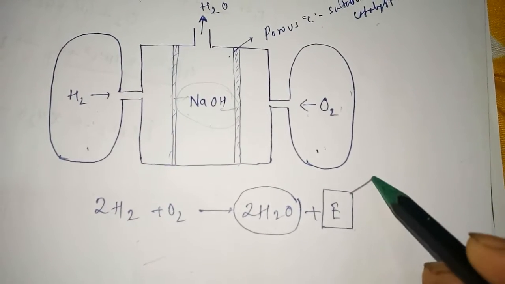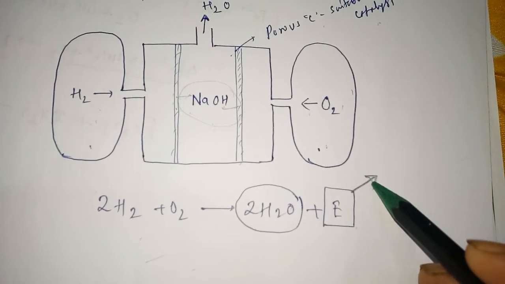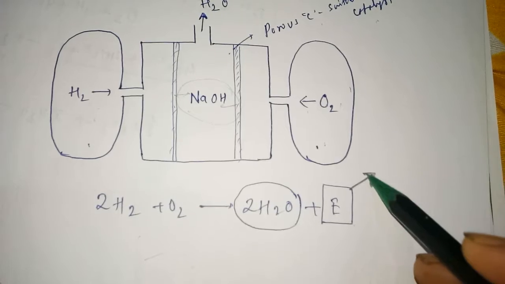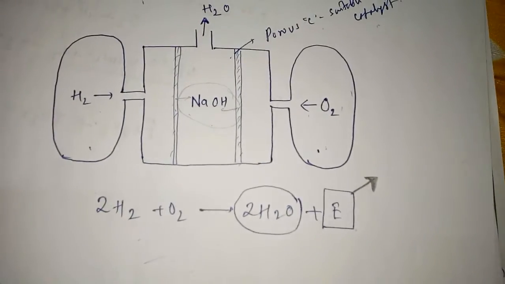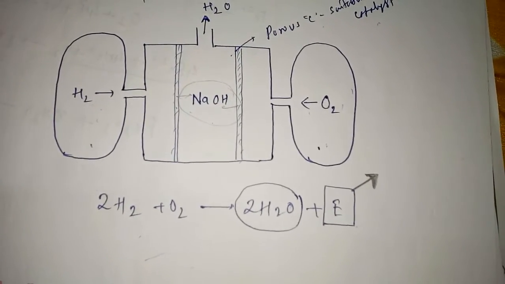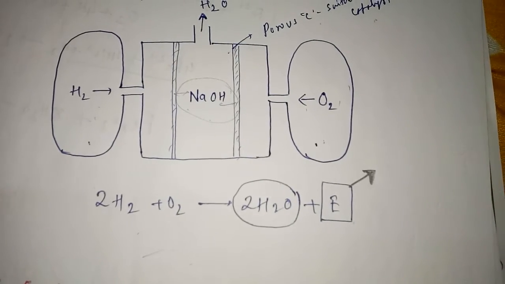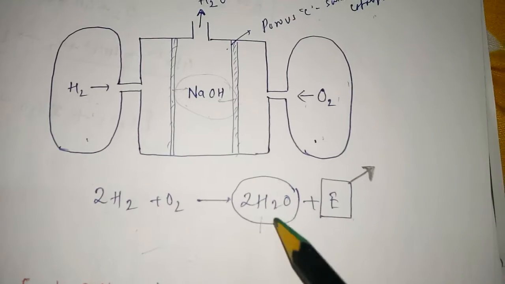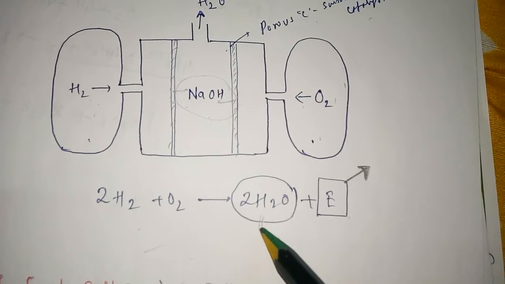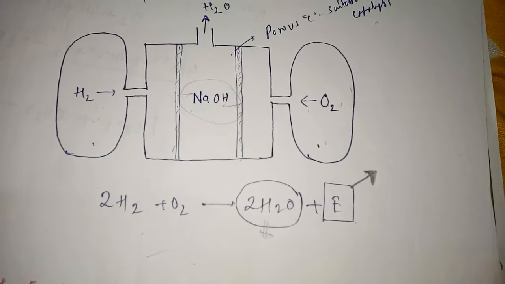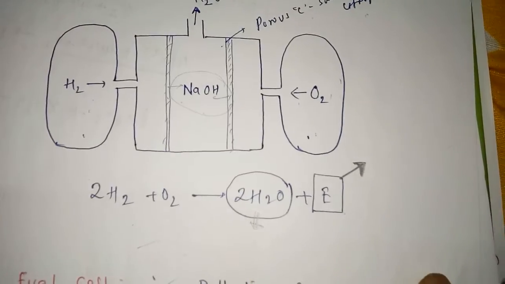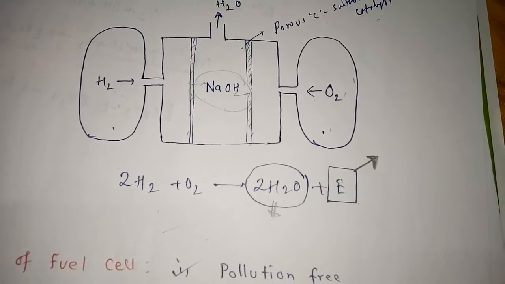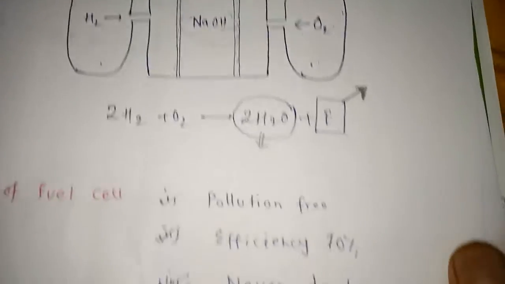With this energy, the rocket runs, and this water is drunk by the astronauts inside the rocket after adding some minerals. So this is important, and it is used in space research.